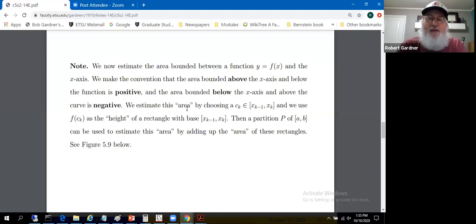So we estimate this "area" by choosing a c sub k in the kth subinterval, and we use the function value as the "height." The "rectangle" that results, arguably, has the base x sub k minus 1 to x sub k.